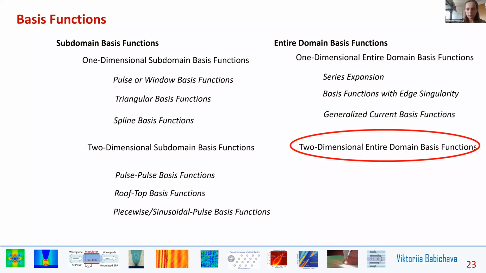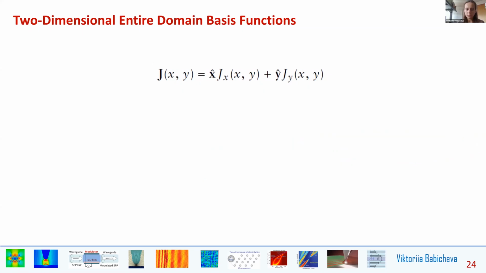So finally, we have some general discussion of two-dimensional entire-domain basis functions. They are needed to describe the current distribution on surfaces when both dimensions are comparable to the wavelength. These examples include metal plates, wide slots and conductors, microstrip circuits.